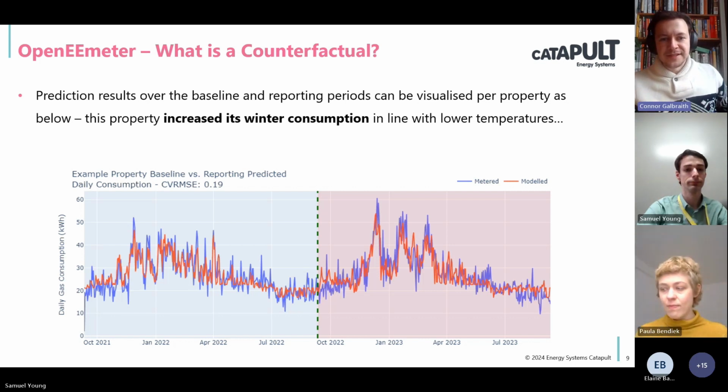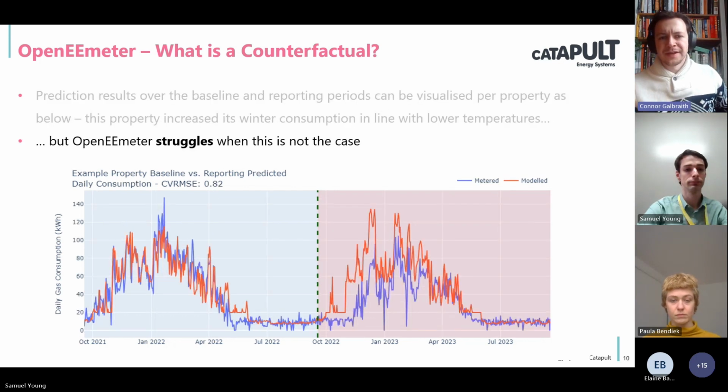This is an example of a property where the fit in the reporting period, the red shaded region on the right, was quite good. It gave us a CVRMSE of 0.19, or 19%. Remember that the CVRMSE is an error measure, so we want it to be lower, representing a higher accuracy. If we go to the next slide, this is an example of a property where the counterfactual hasn't done so well.